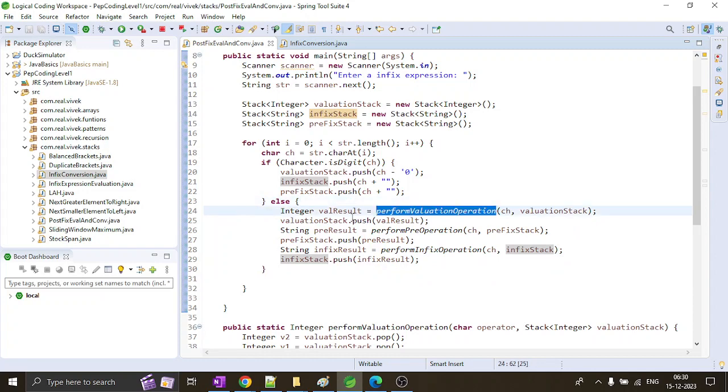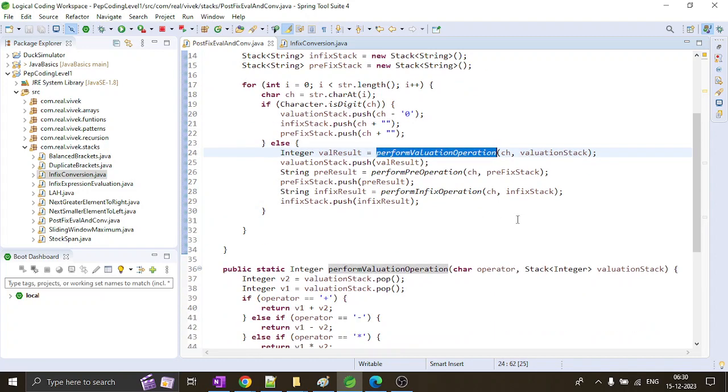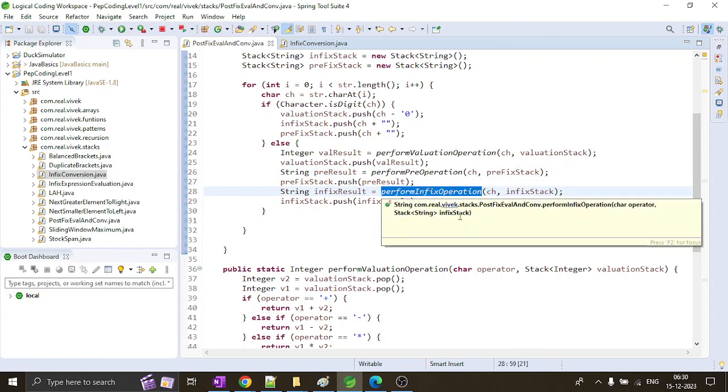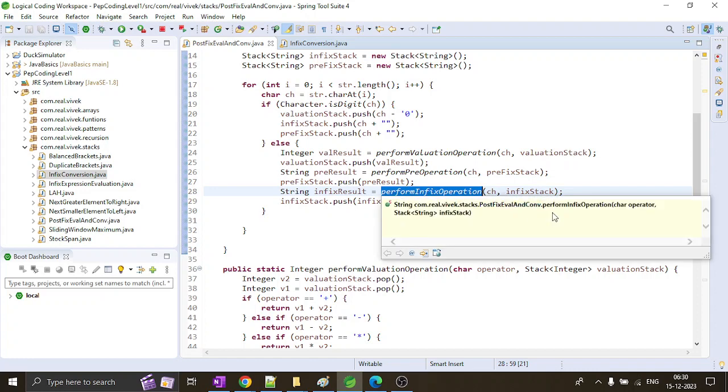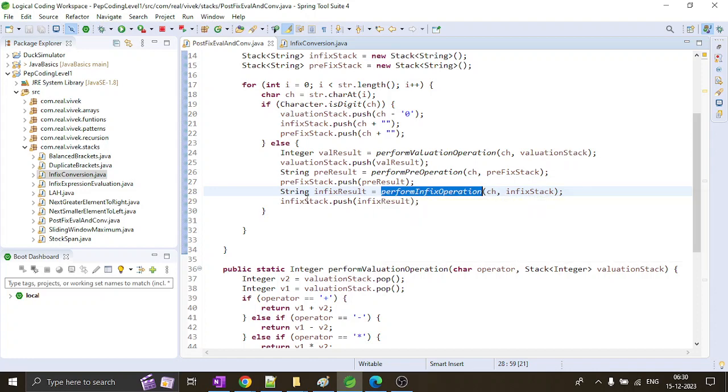For valuation we perform v1 operator v2, literally we perform it, so that's why we are having integers here. For the pre operation we have operator v1 v2, and for the infix operation we have v1 operator v2. So this will be in a string format.